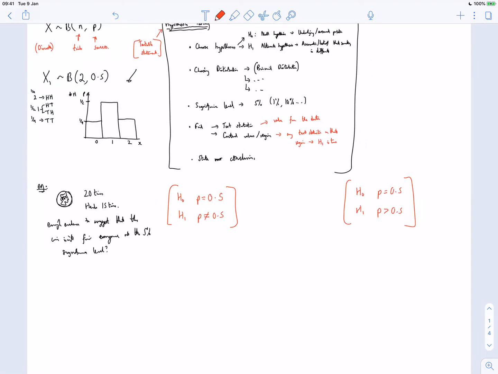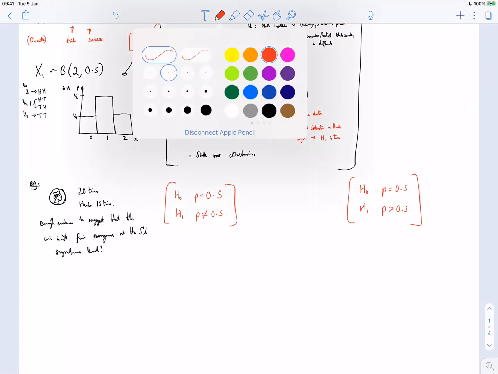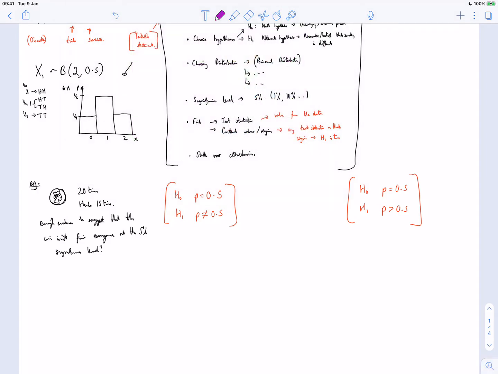Next up we're going to choose our distribution. That would be the same in both cases. Clearly X is the number of heads, where X is distributed binomially with 20 trials, and the assumed probability of success is 0.5.